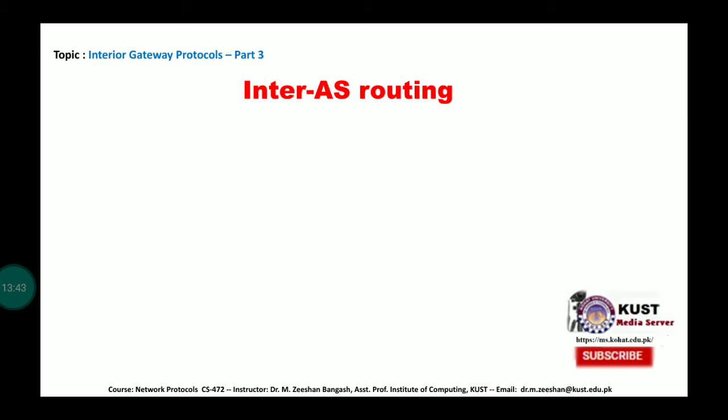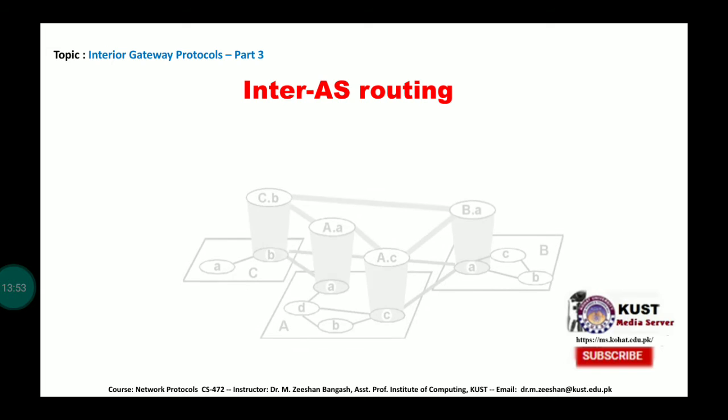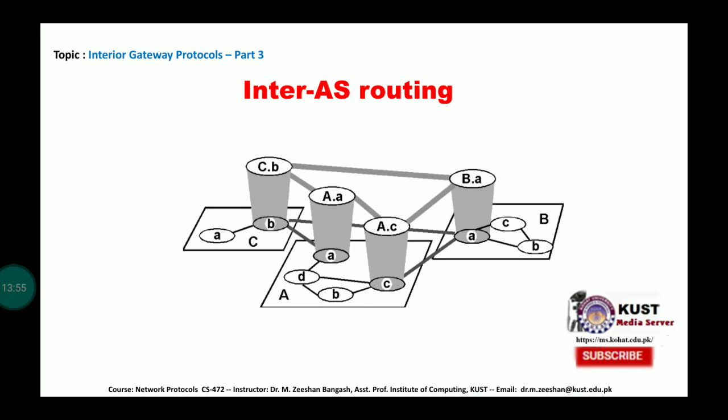Now about inter-autonomous system routing, we already talked about this part in our previous discussion about the interior gateway protocols. This is an example of inter-autonomous system routing, in which this is the router that is connecting one autonomous system, autonomous system C, with autonomous system A, and that is connected with this router, which is the border router, the communicating router between inter-autonomous systems.